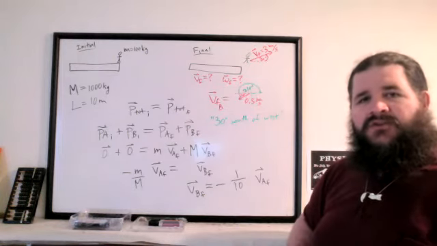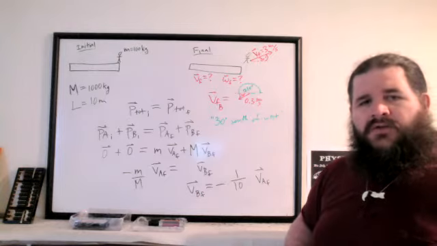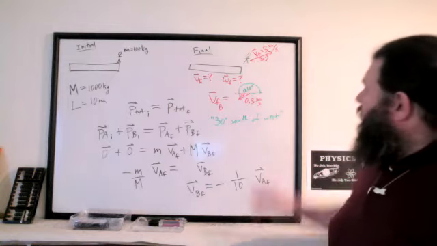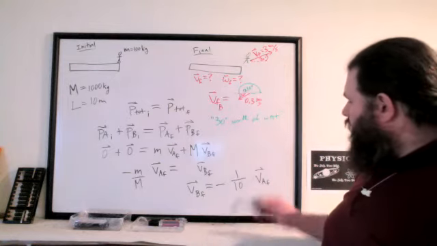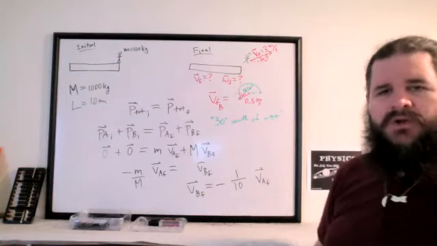So that would be the final translational velocity of the beam. And you could, of course, also do this in terms of components. You could write out the v final of the astronaut in terms of components using sine and cosine of 30 degrees, or cosine and sine, I should say.